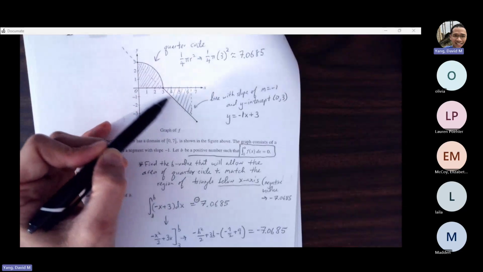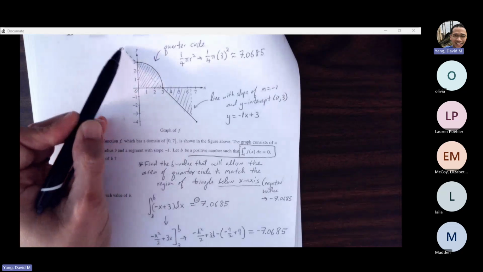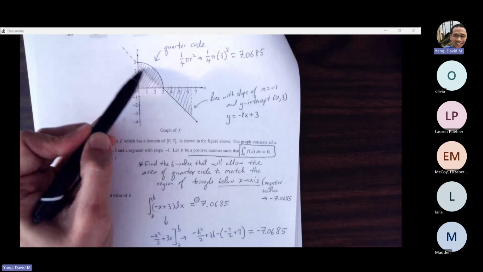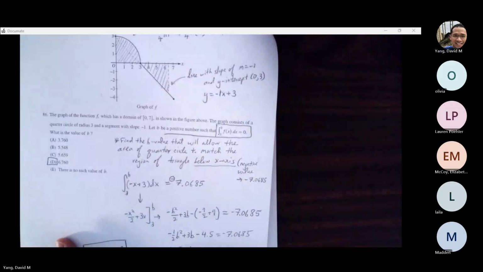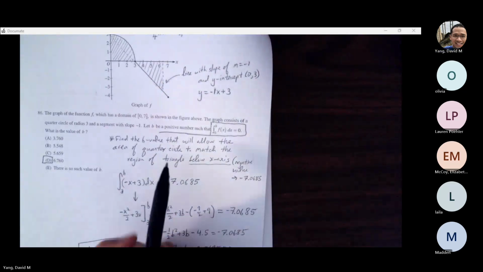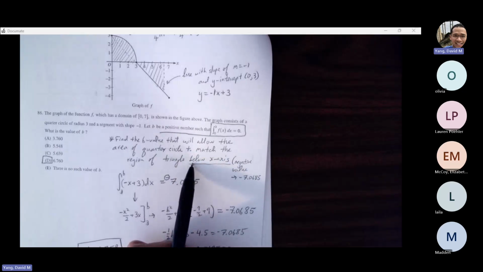This has a slope of -1. It goes through that ordered pair 0, 3, a y-intercept of 0, 3. We can create that line to be -1x plus 3. So we want the area of the quarter circle to match the region of the triangle below the x-axis.